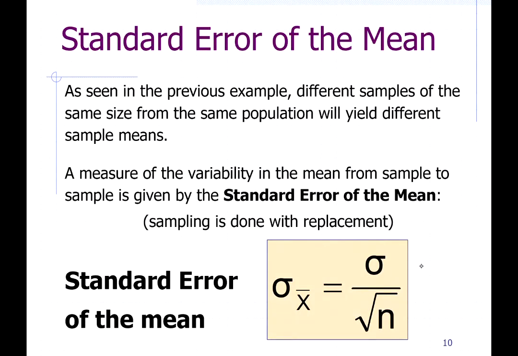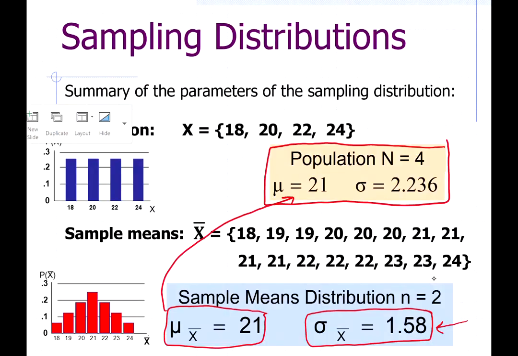So on the previous slide, we had a population standard deviation of 2.236, and we divided that by the square root of 2 because 2 was the sample size. So now let me go back one slide.